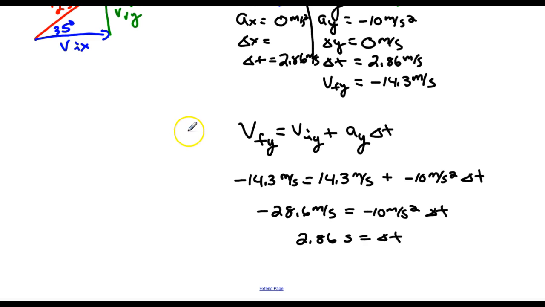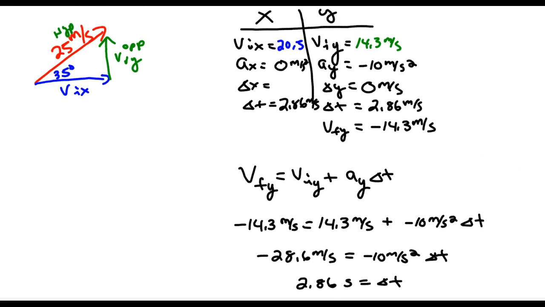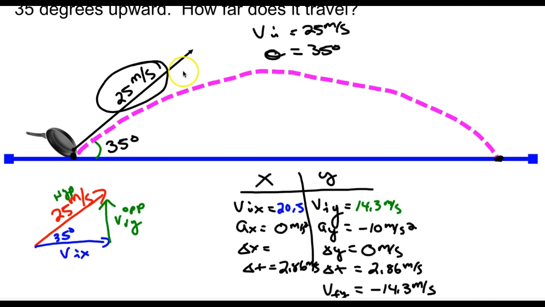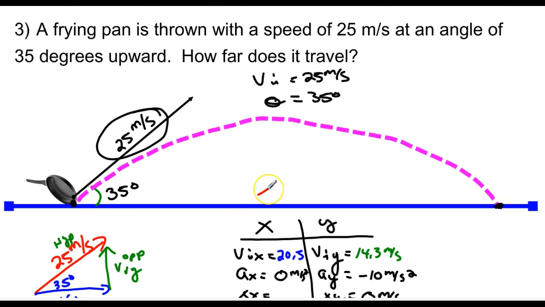Now, I know that the problem didn't ask for it, but we can go ahead and take it one step further and say, what if they asked, how far away is this skillet going to land? Or in other words, what is delta x here? Well, I know my time.